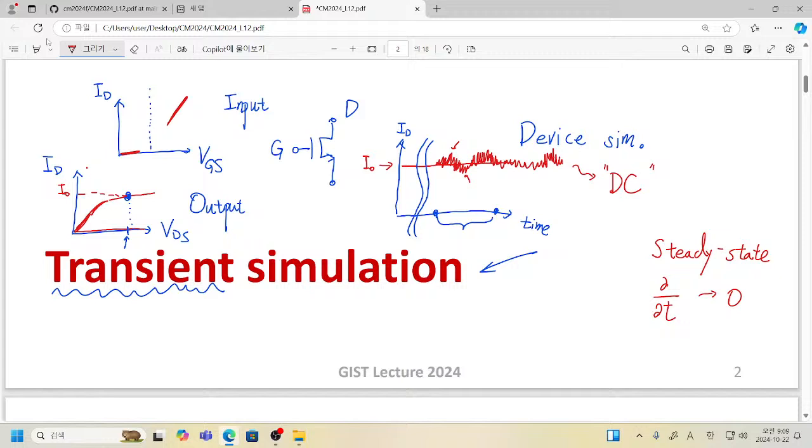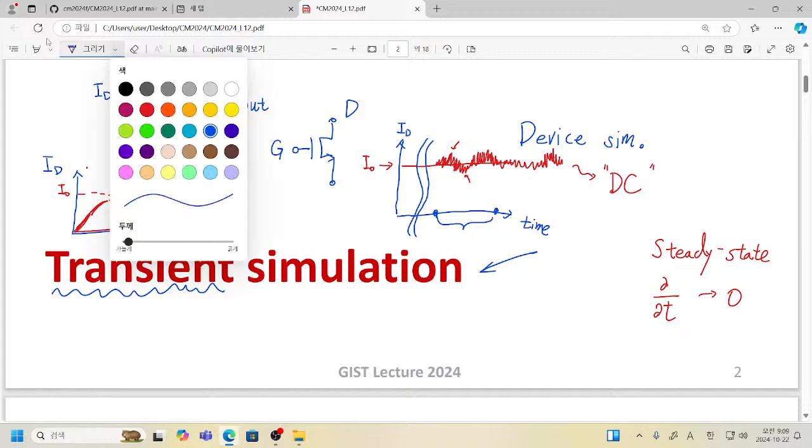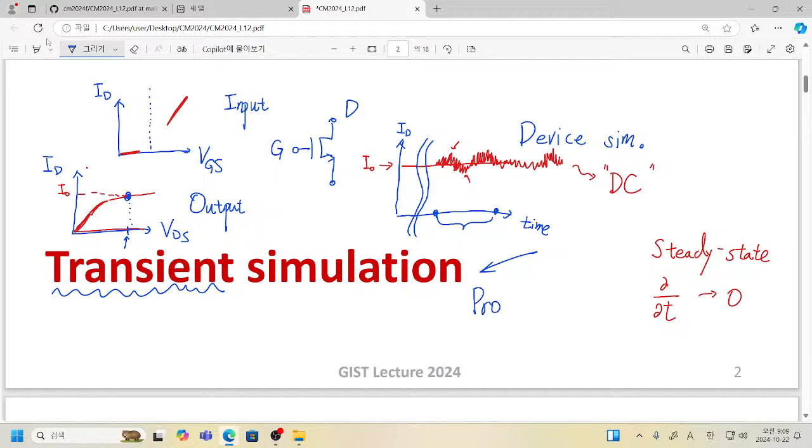However, now let's think about the case for process simulation. Even in process simulation, sometimes we are allowed to do this instantaneous solution. However, in many cases, process simulation is related with change of something as time passes.